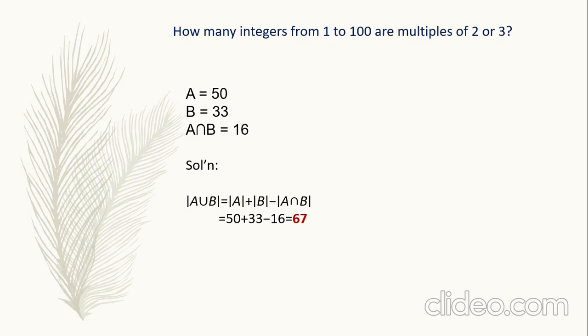So, those are 2, 4, 6, 8, 10, 12, 14, 16, 18, 20, up to 100. And then, for multiples of 3, you're just going to divide 100 by 3, and that is equal to 33. So, you can have 3, 6, 9, 12, 15, 18, 21, 24, 27, 30, and so on and so forth up to 99.